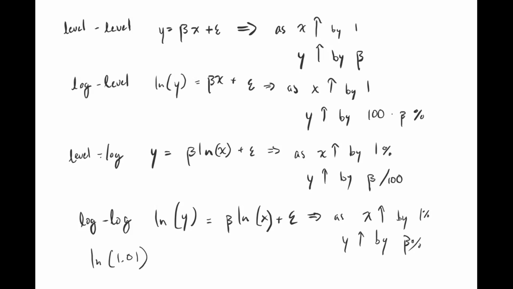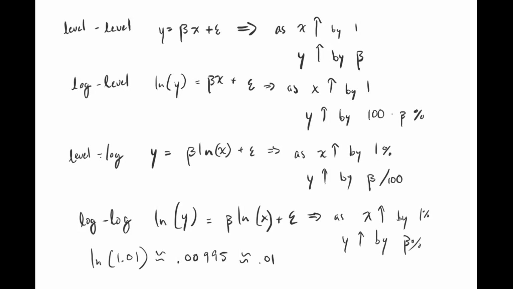So the log of 1.01 is approximately equal to 0.00995, which is about 0.01. And so you can see where we're getting at here, right? The natural log of 1 is just 0.